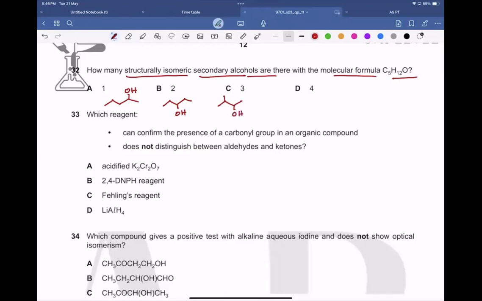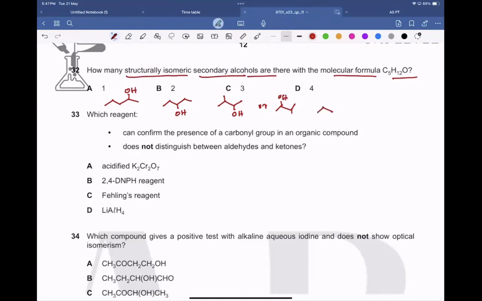So 3-methylbutan-2-ol. And if I change the position, that is just the swapping of the position, so both are the same.